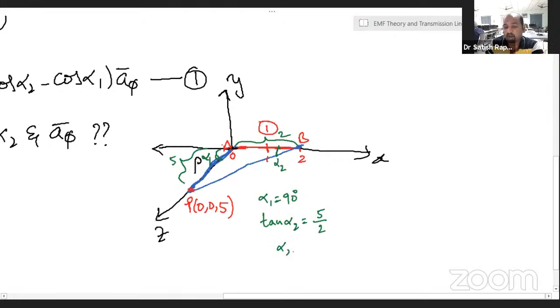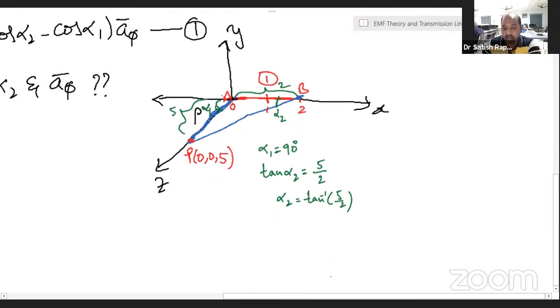So therefore, alpha 2 is equal to tan inverse 5 by 2, right? Clear, right?